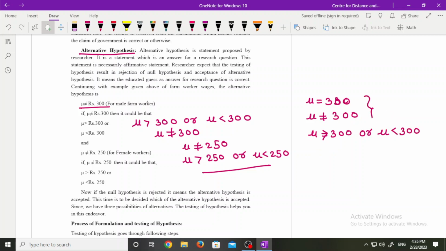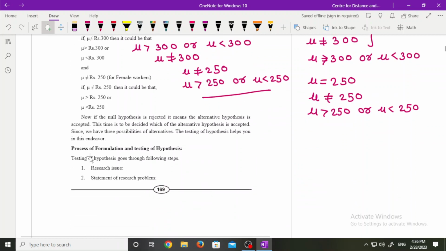This is for male farm worker, and for female farm worker, for null hypothesis, mu is equal to 250, and for alternative hypothesis, if we consider mu is not equal to 250, then we get either mu is greater than 250 or mu is less than 250. Okay?